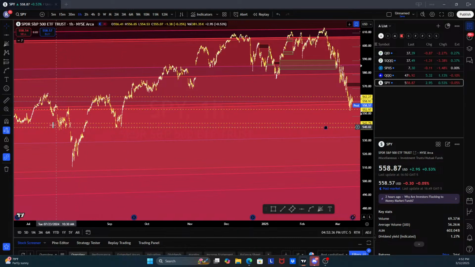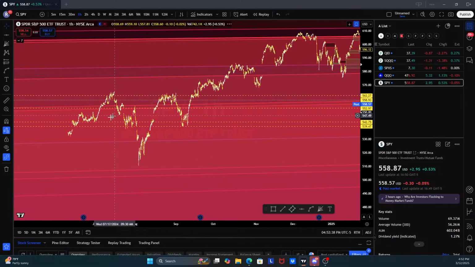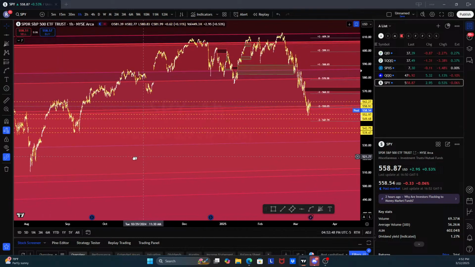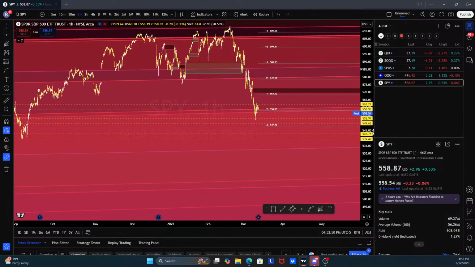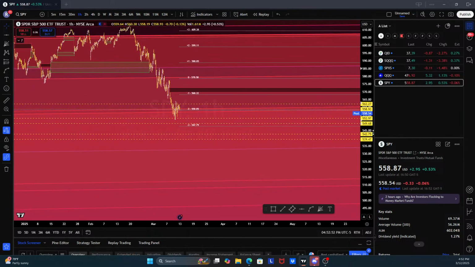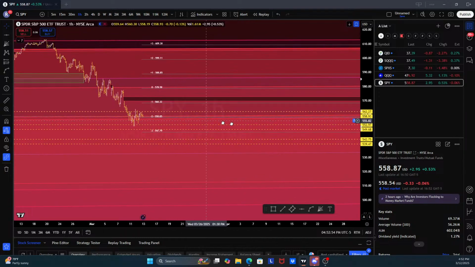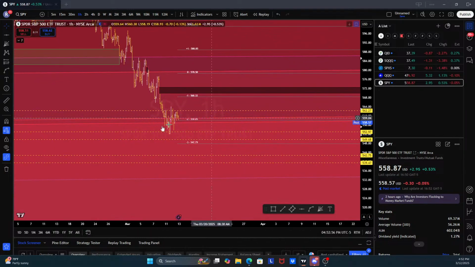So I'm literally going back to see what the charts are showing me previously as support and resistance, and then I'm applying this past data over here to the new chart and where we currently are. And once I see that, it's giving me levels.